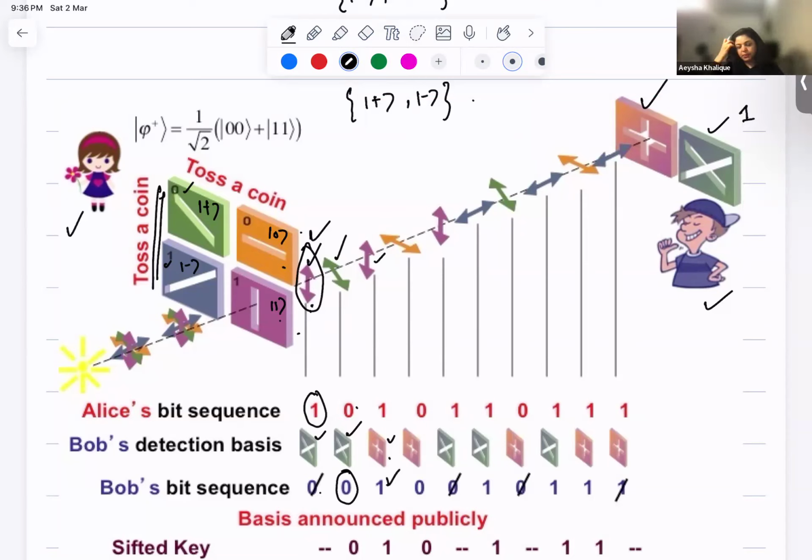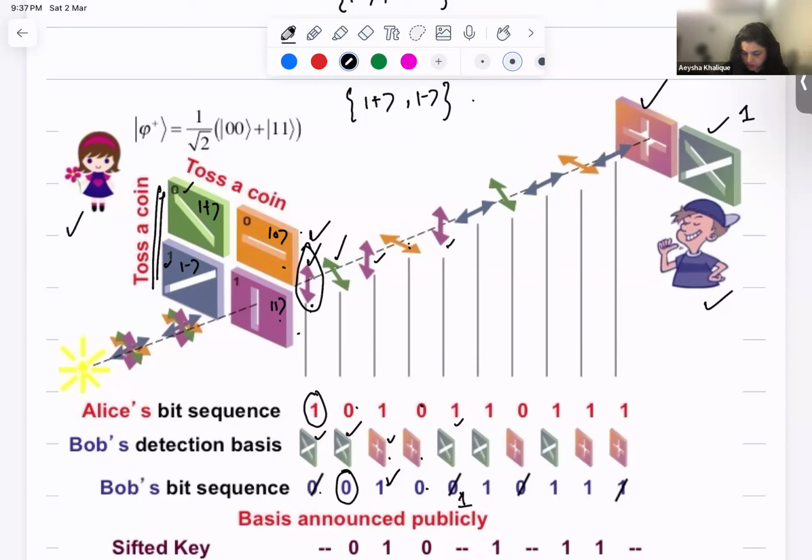He records 1. In the next case, the bases are different, so he could have recorded both 0 or 1, right? But suppose he makes a measurement and he gets 0.